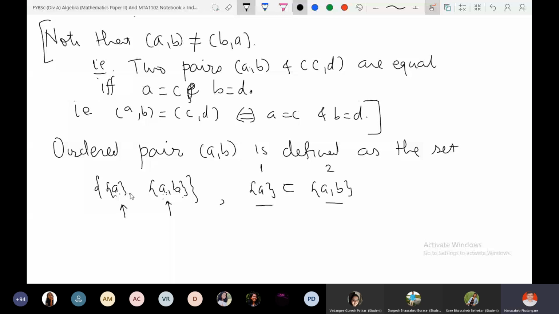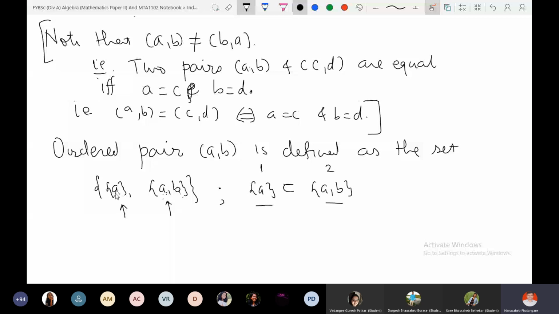Right, this is something logical or philosophical. You may find it difficult at this moment, but it is a set and there is some order. There is some order means what? It is a collection of two sets. What are the two sets? One set is A, another set is AB, and how do we define the order?